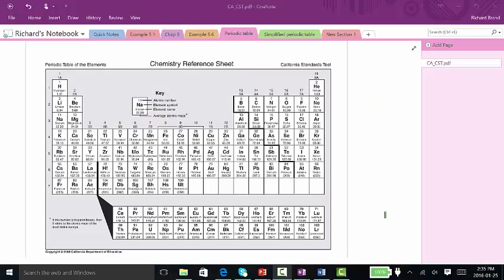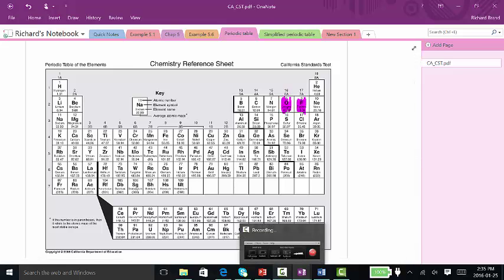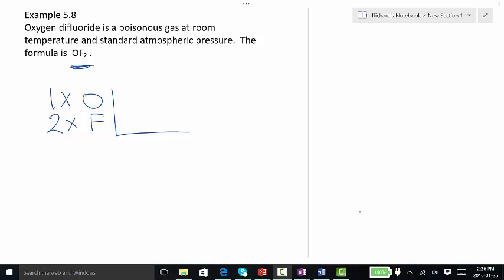Again, with oxygen difluoride using a regular periodic table, oxygen is found in group 6A, fluorine is found in group 7A. So oxygen has 6 valence electrons, fluorine has 7 valence electrons. Tallying the valence electrons available in oxygen difluoride, there is 1 oxygen atom.